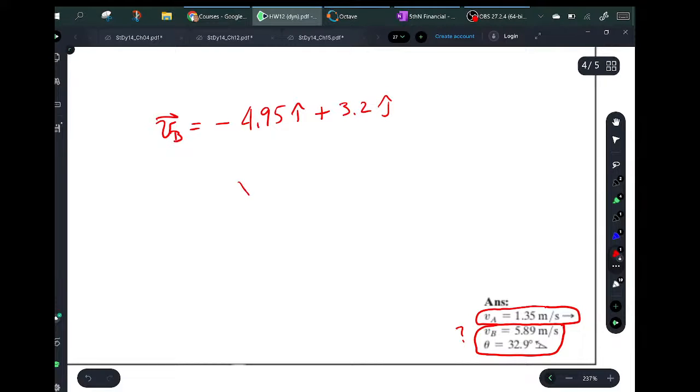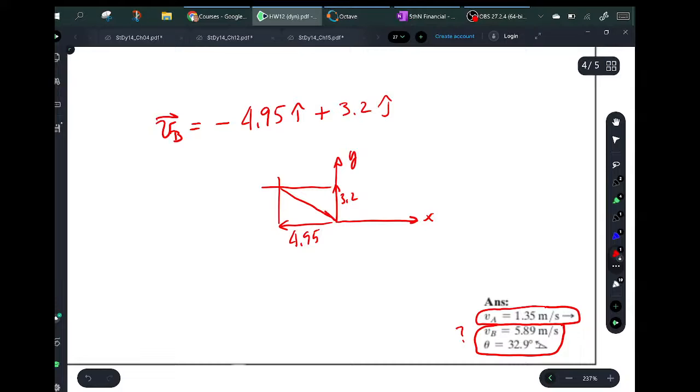So if we drew this vector, here's your X, here's your Y. Draw a vector that goes back about 4.95 and then up about 3.2.